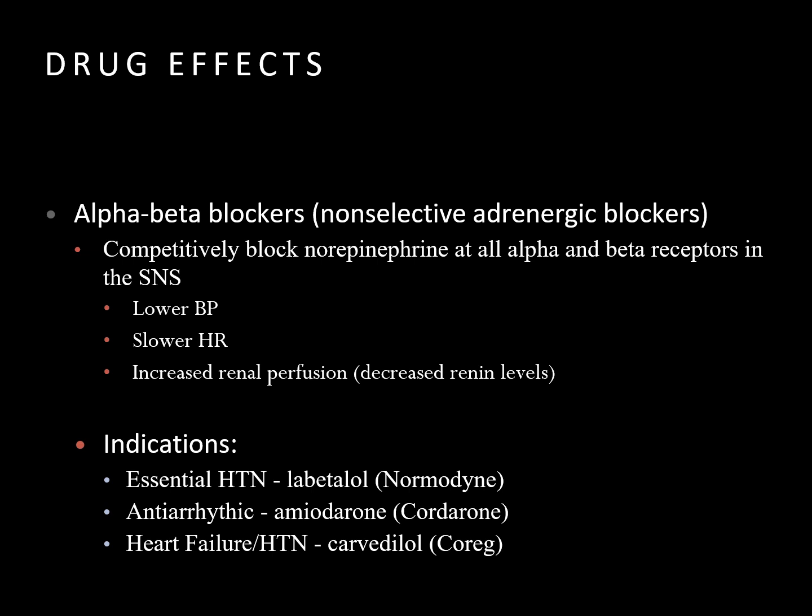By occupying alpha 1, beta 1, alpha 2, and beta 2, it's going to decrease the demand on the heart overall, lower the heart rate, lower the blood pressure, and also increase renal perfusion. So it's going to promote more blood flow to the kidneys. By doing that, the kidneys stop releasing renin. Remember that renin is responsible for increased blood pressure. So it's going to reduce the overall demand.